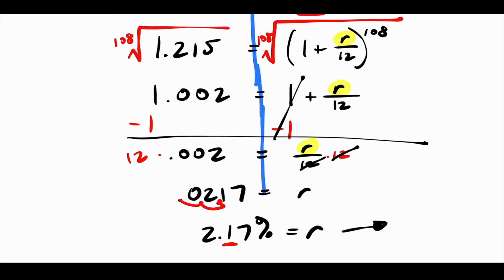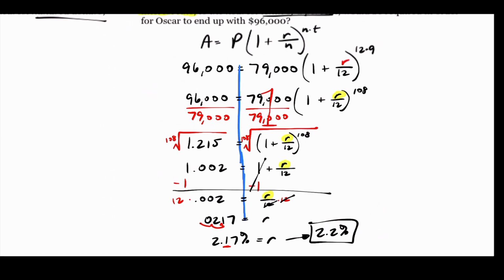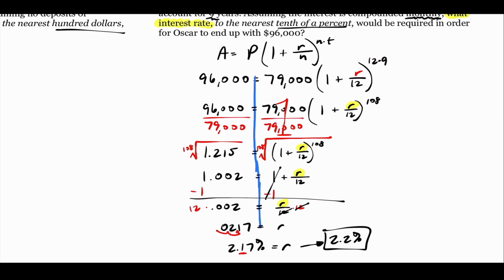So that means it's going to be 2.2%. Yeah, so change it to a percent, and then round it. We have to round it after it becomes a percent. Okay. All right.